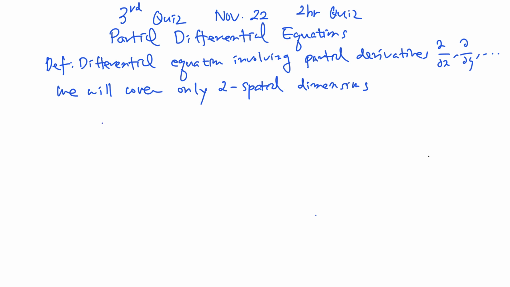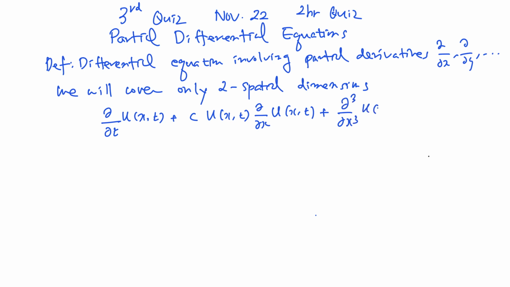So, for example, partial t of u(x,t) plus c u(x,t) partial x of u(x,t) plus partial x cubed of u(x,t) is equal to 0. This is one example.